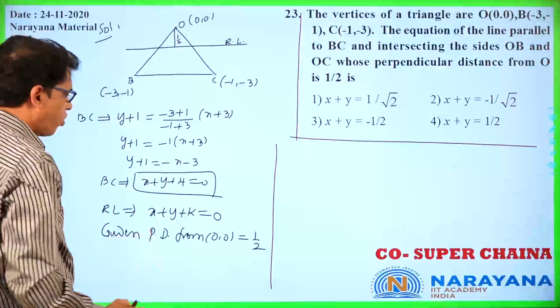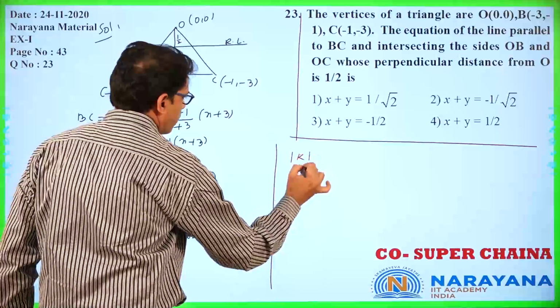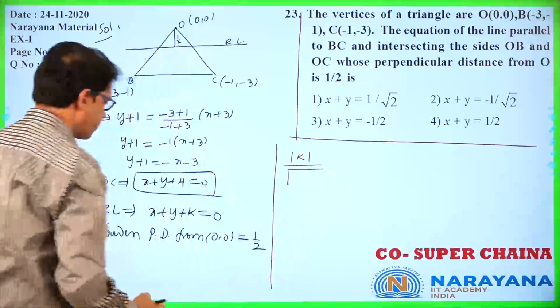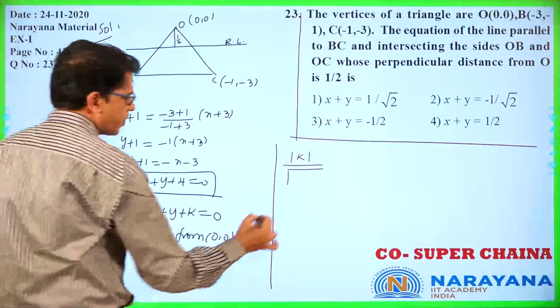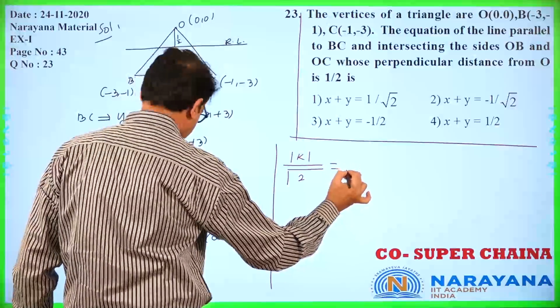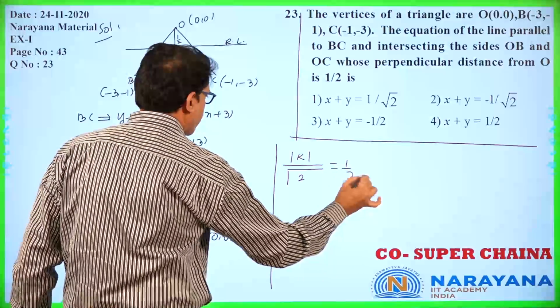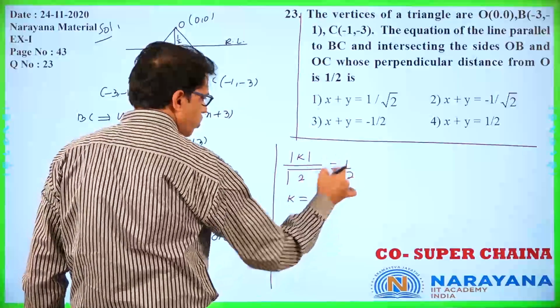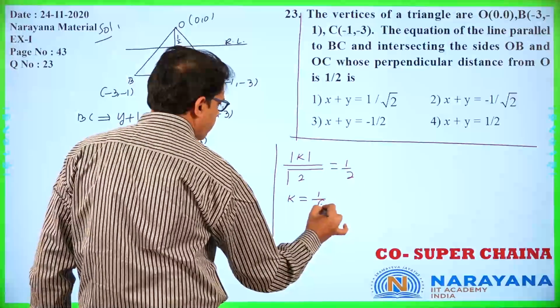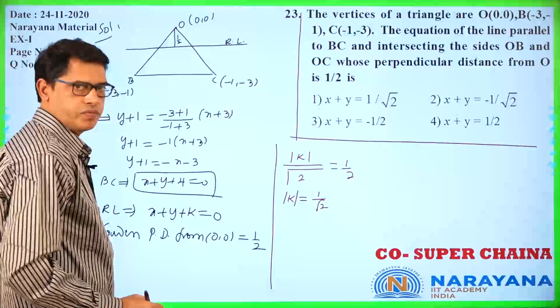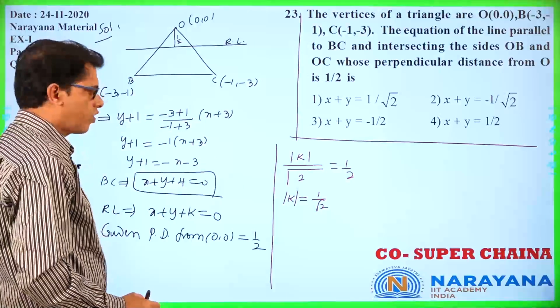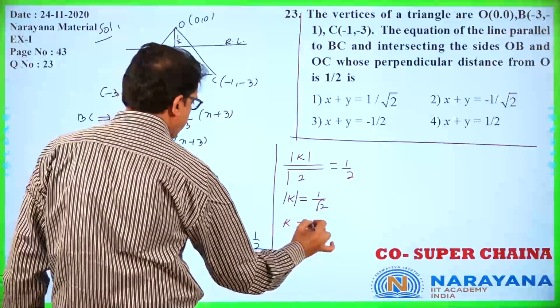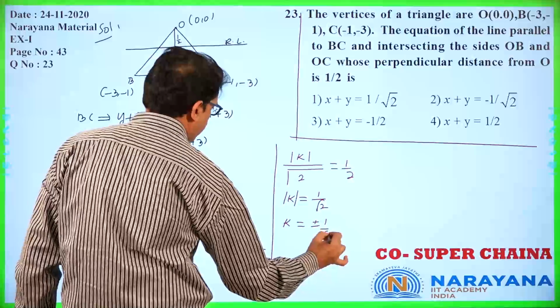Mod of k upon root under a square plus b square, 1 square plus 1 square, root 2, equals 1 by 2. That implies mod k equals 1 by root 2. So k equals plus or minus 1 by root 2.